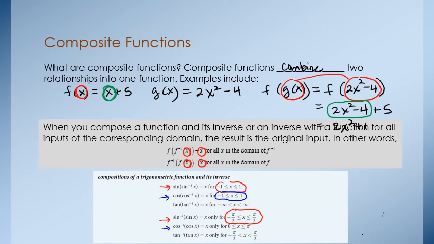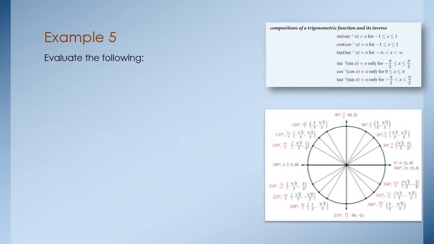And for the inverse composition, we are on a limited input of 0 to pi. And then finally for tangent, tangent of tangent inverse of x is equal to x for all real numbers. And if we reverse that, we are on a limited domain of -pi over 2 to pi over 2. So what I have circled is a nice reminder of what the restrictions are on the function in order for this to be 1-to-1.